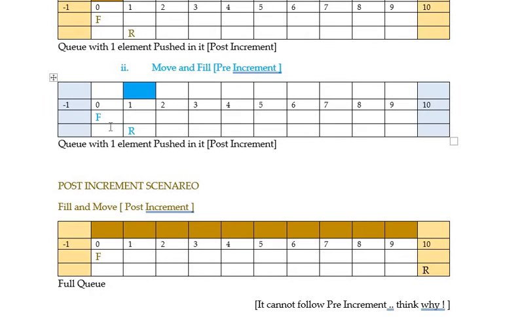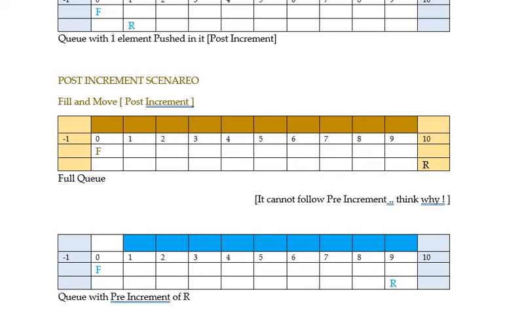If you have front and rear both starting with 0, will it be possible for rear to implement pre-increment? That means if I first increase R and then fill it, when it reaches the last, what will happen? Just think. Do you think something like this will happen?